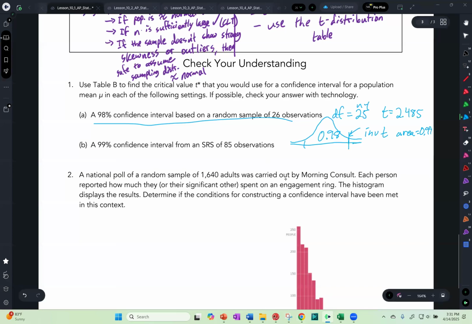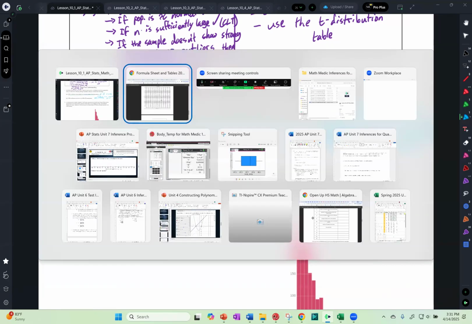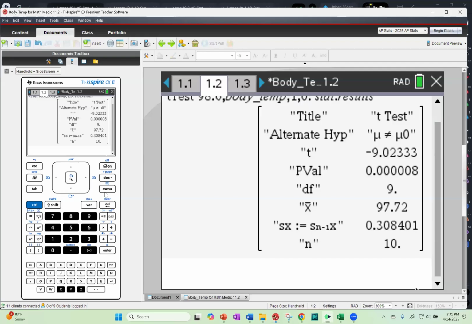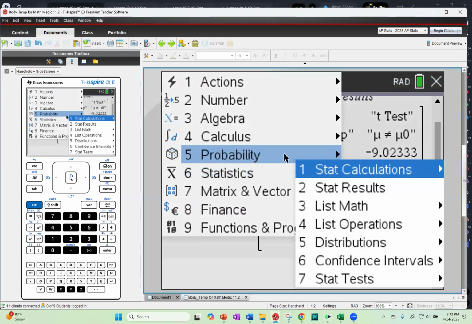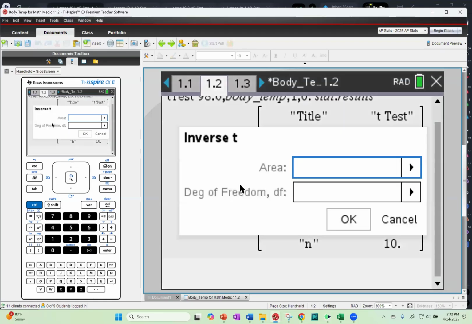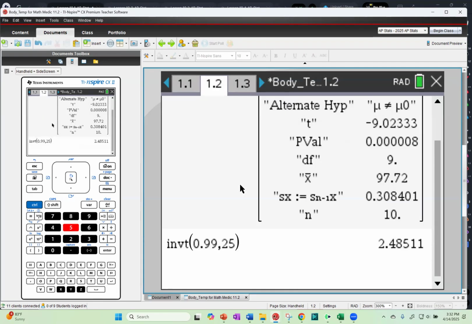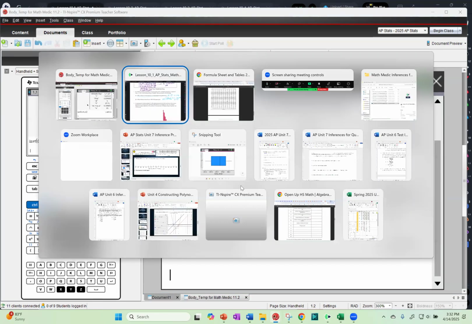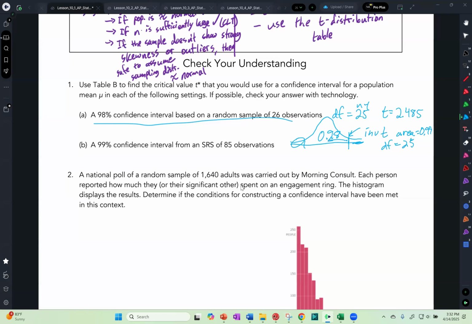Remember, there's 2% in the tails, and I'm now including one of those tails because it's everything less, and degrees of freedom of 25 again. So using technology, because I love living in the 21st century. Inverse t, 0.99, degrees of freedom 25, and 2.485 it is. Sweet. So technology is telling the same story.